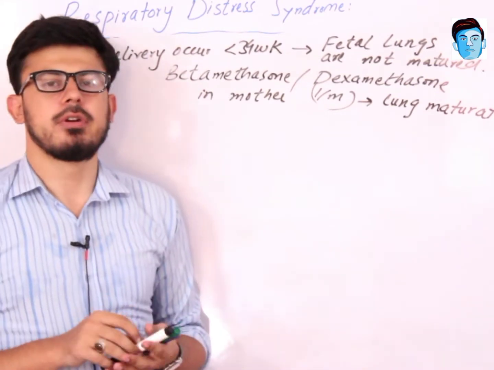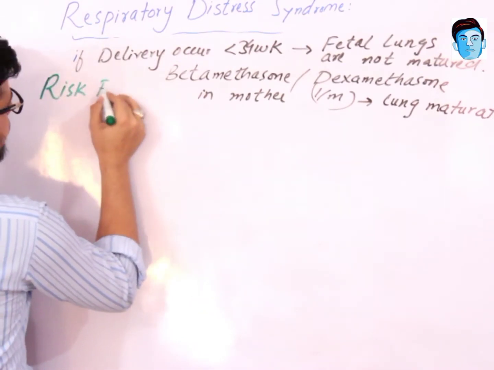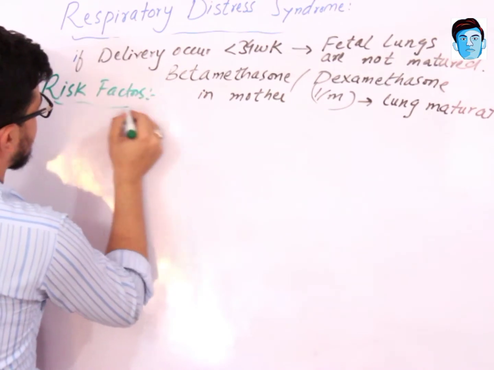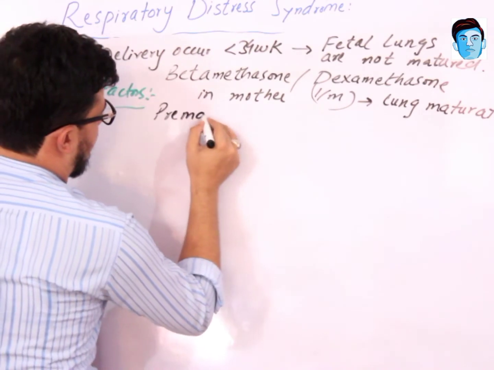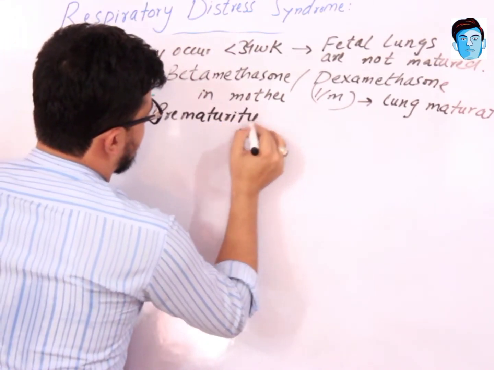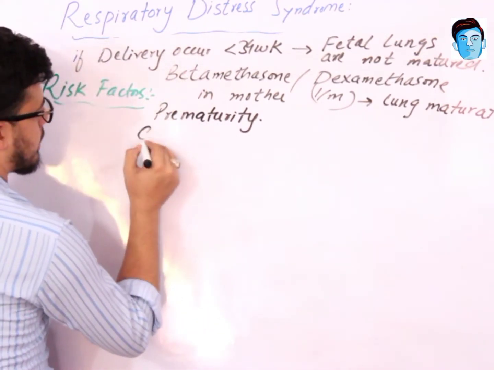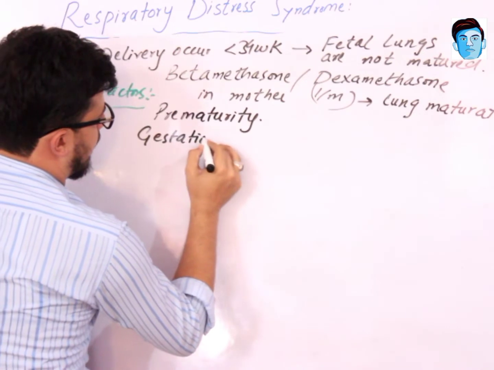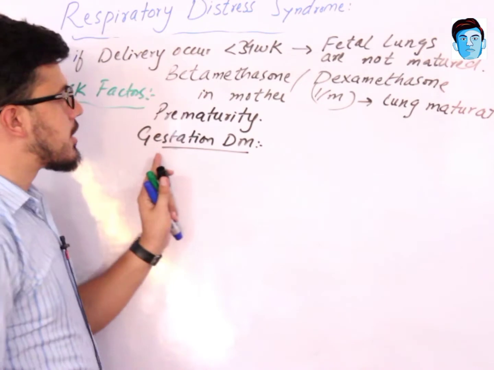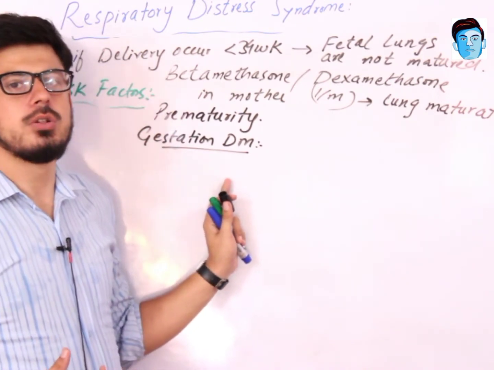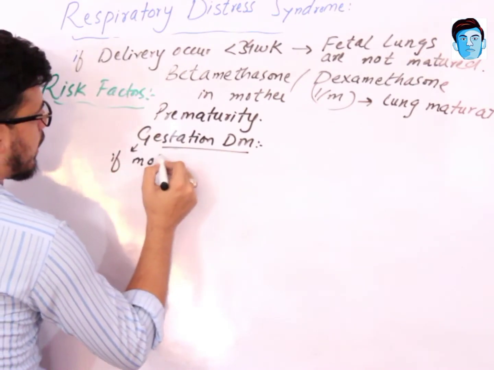Now, what are the important risk factors regarding respiratory distress syndrome? As we discussed earlier, the main risk factor is prematurity, and the second is gestational diabetes mellitus. So how does the disease occur in gestational diabetes mellitus? Let's say there is a mother having diabetes.